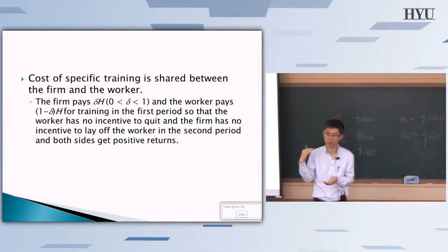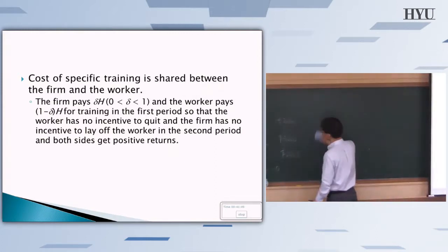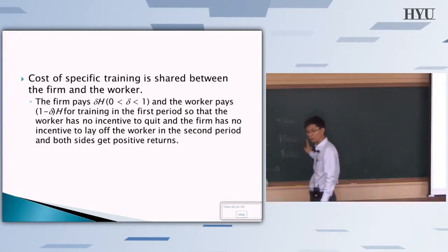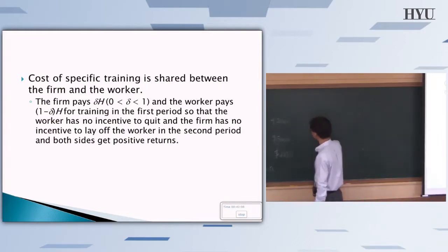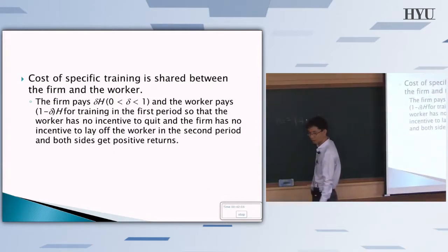Okay? So let's say they paid $500 in the first period, then they are willing to pay $4,500 in the second period. Okay? So if they paid $1,000, then W2 is going to be $4,000, right? If H is, let's say, if the cost of the firm is $1,000, then it's $4,000.